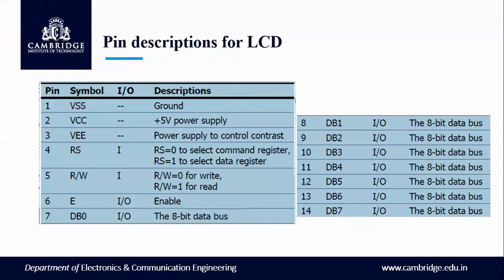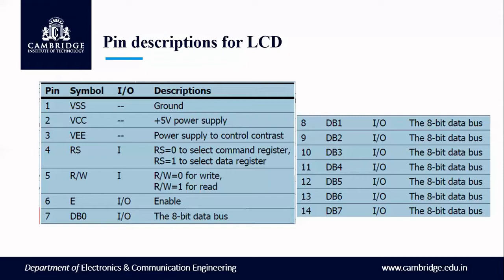If RS is 1, you are writing to the data register, that is, the characters you want to display on the LCD will be sent. In that case, RS should be made 1, and only then the data message you want to display is written onto the LCD. So we need to remember that with respect to the RS pin.